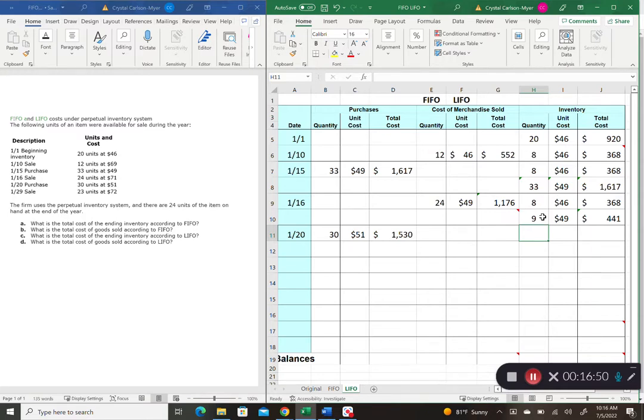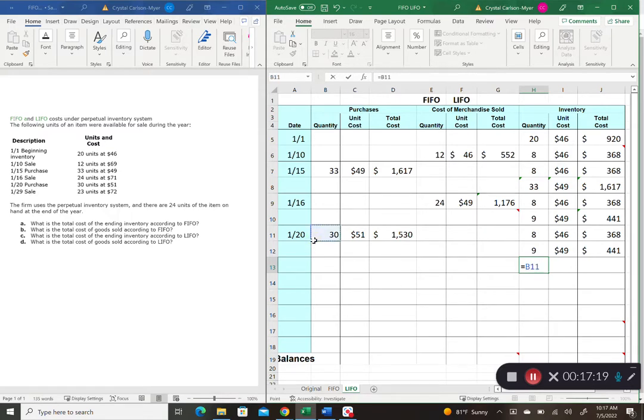I have the 9 at $49. And now I also have 30 at $51. So I'm going to go ahead and put in my values. 8 times 46 gives me the 368. Then I also have all of those $49 units, so 9 at 49 equals 441. And now I have these new units here, so I'm just going to go ahead and put those in here.